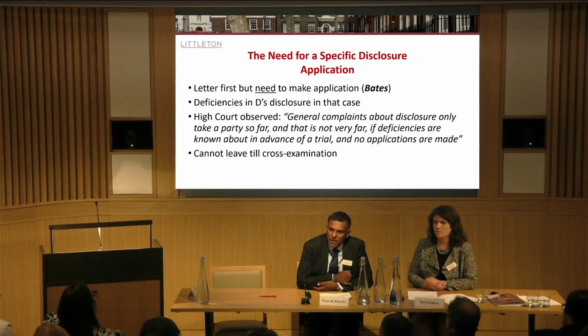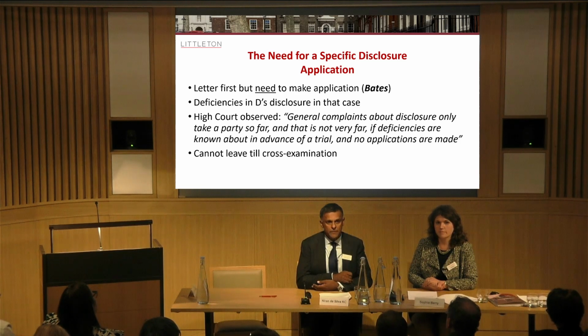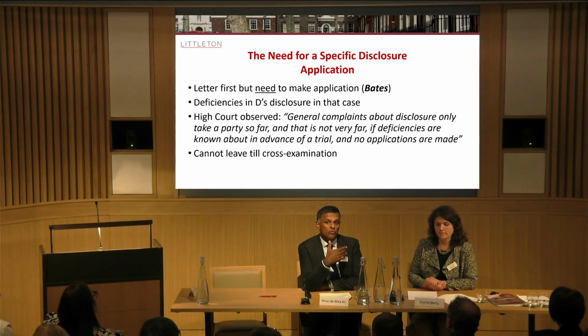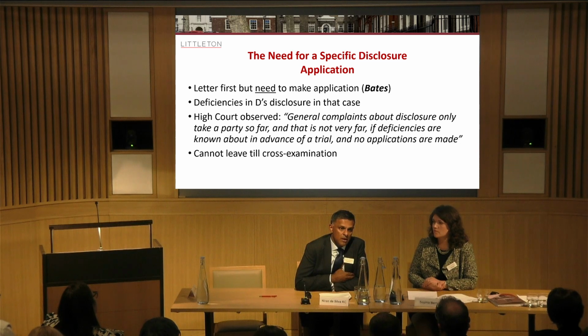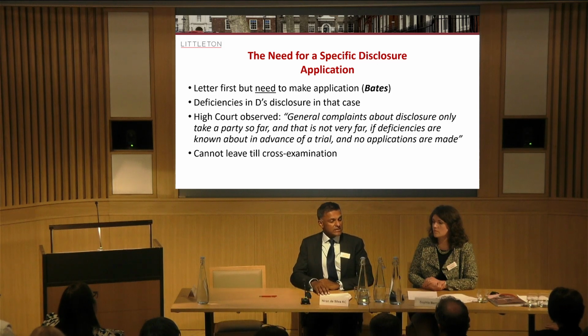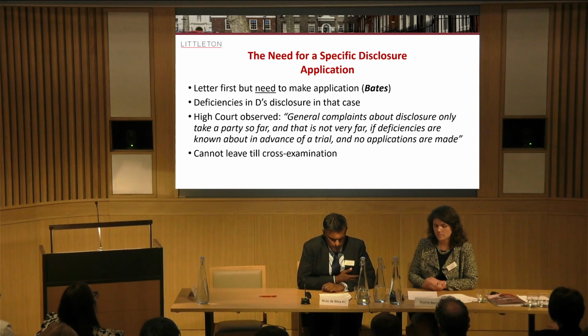But the case of Bates and Post Office that you'll be familiar with has some salutary warnings about the need to go beyond that. In that case, the court recognised that the disclosure of the defendant, that's the Post Office, was deficient. Not only had they not disclosed documents they should have, they'd made untrue statements about disclosure before the court. And the claimants complained about this, and the court said, yeah, you're right, they have done all these things. They should have given disclosure, or should have given disclosure earlier.